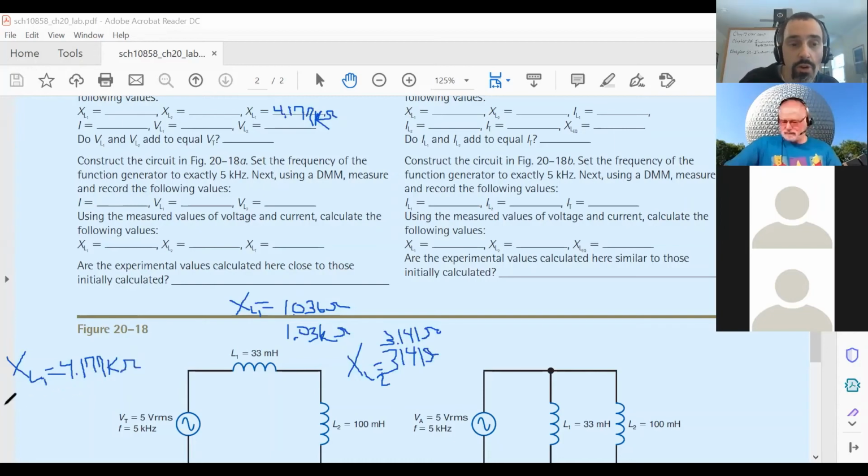Let's get the current, I total. I total is equal to the voltage total, RMS, divided by XL total. So go ahead and tell me what you get for current.